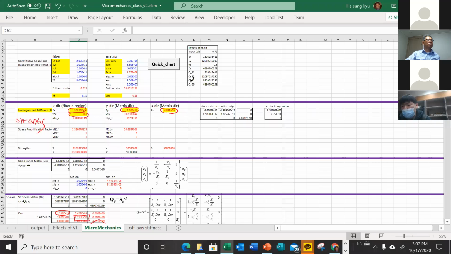Now let's try E1 and E2 and Poisson's ratio and E6 and Q1.